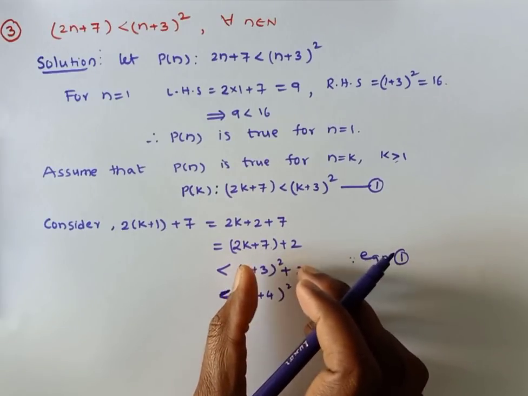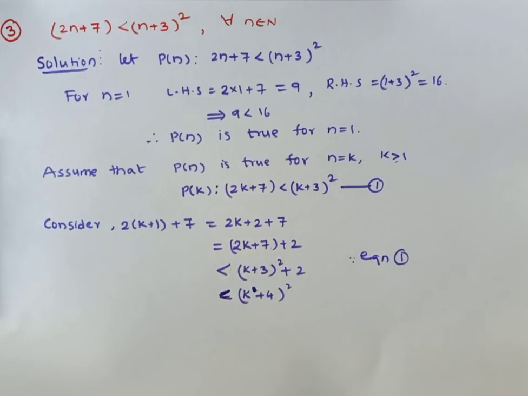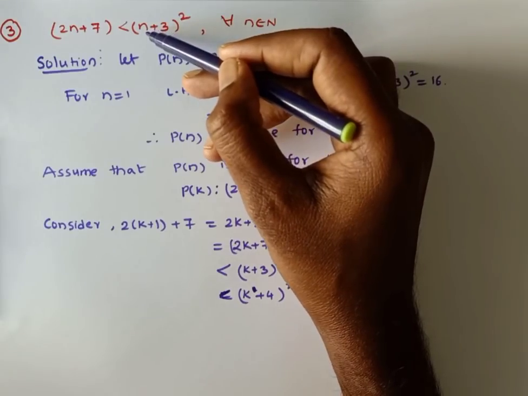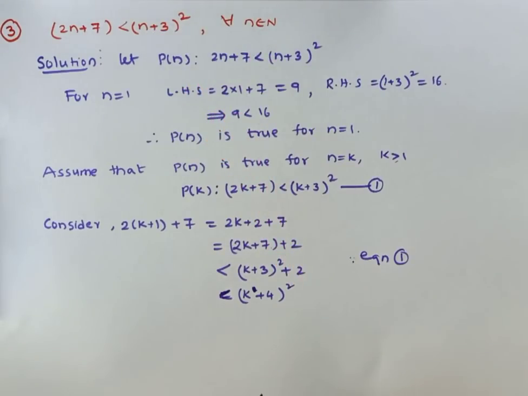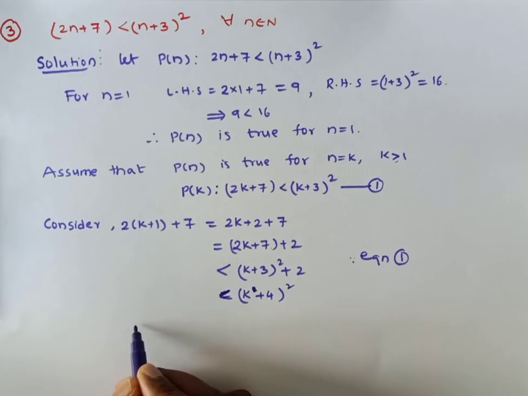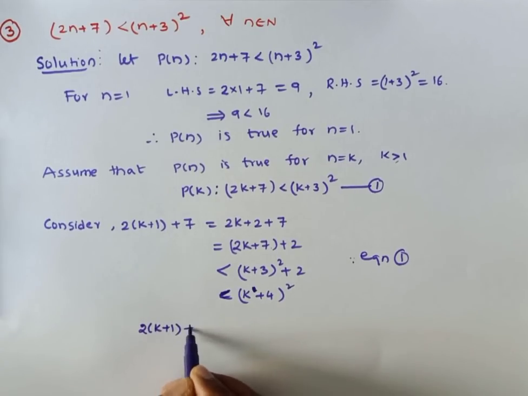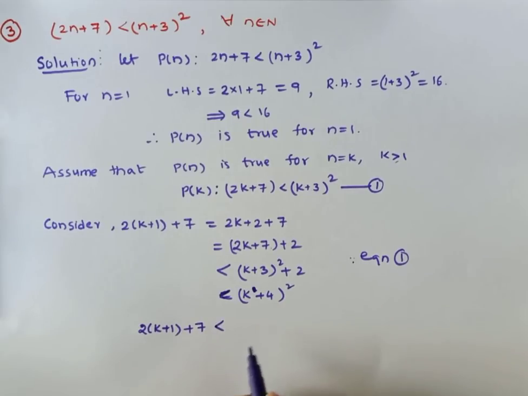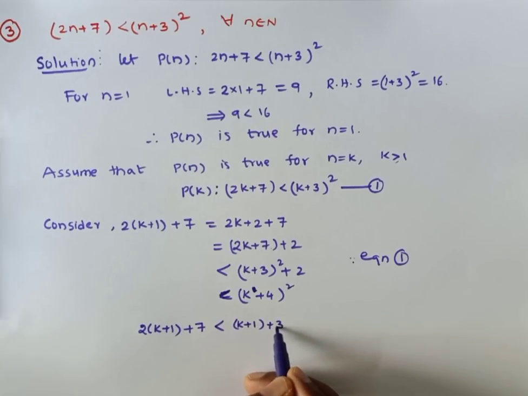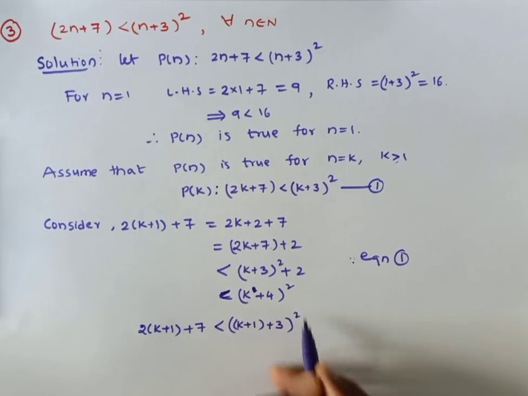This quantity, here I am writing this quantity is always less than k plus 4 whole square. Why we need to write k plus 4 whole square? Hence we need to get this as k plus 1 plus 3 whole square, so that this part 2 times of k plus 1 plus 7, which is less than k plus 4, means k plus 1 plus 3 whole square.